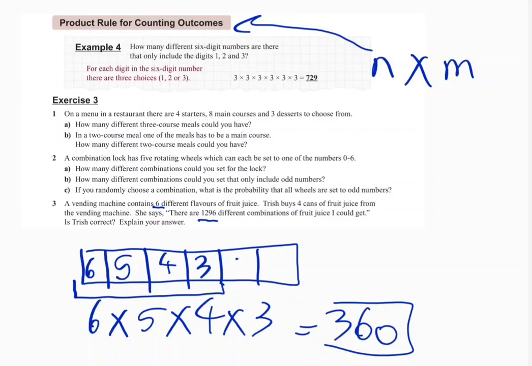That's basically what it's telling me. And as you can see, this number is not the same as what she got. So this means that she's wrong, and in total we can have 360 different combinations of fruit juice.